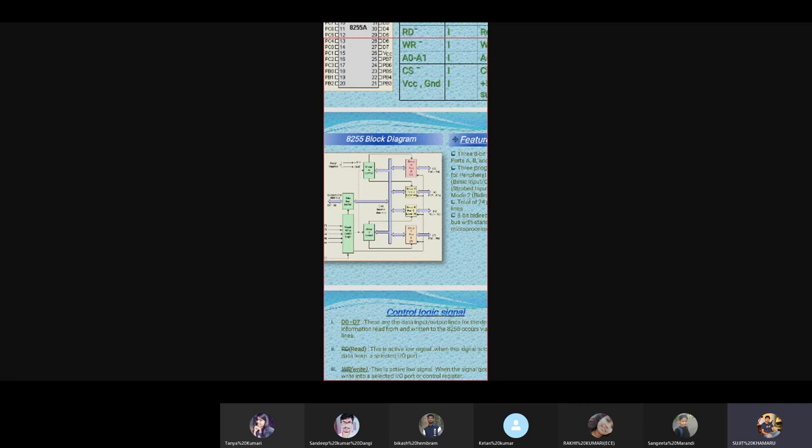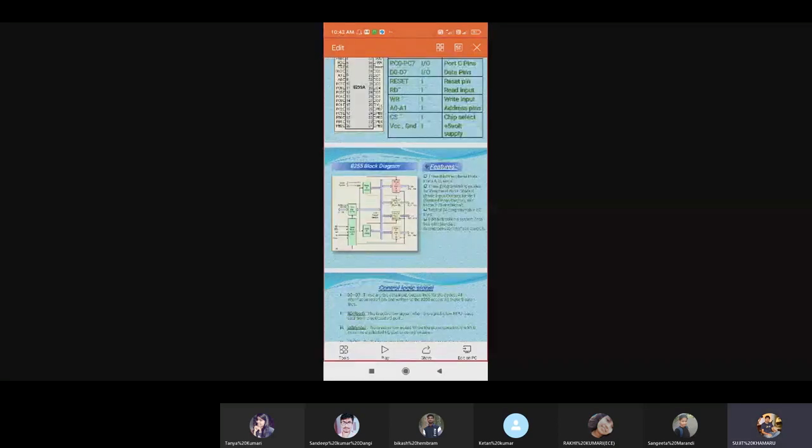Now in group B control, there is port C lower, which is 4 bits, PC0 to PC3, and another is group B port B, which is PB0 to PB7.